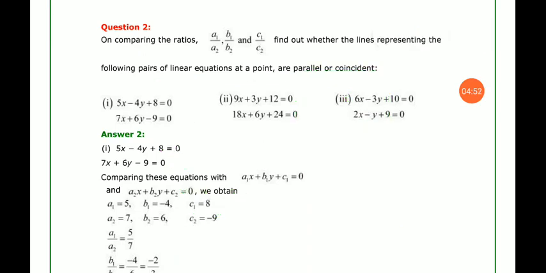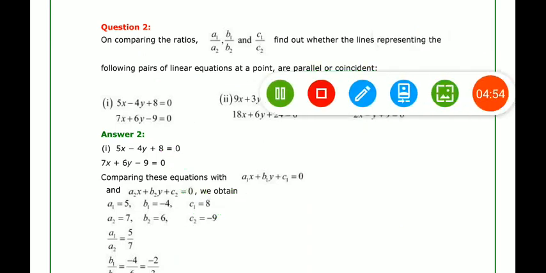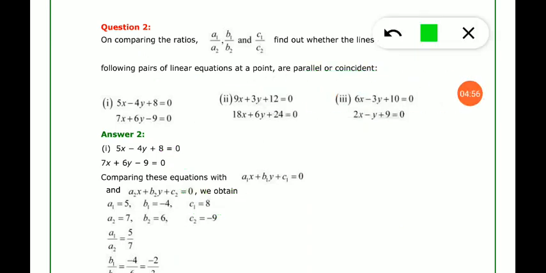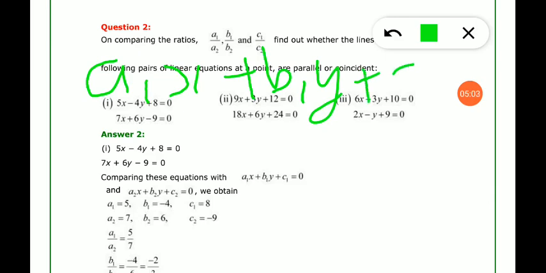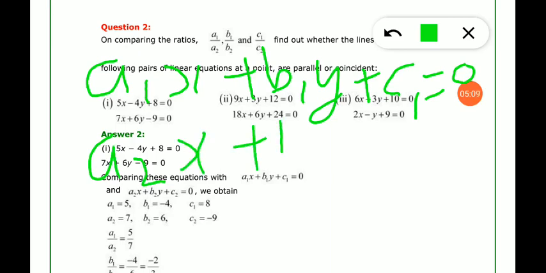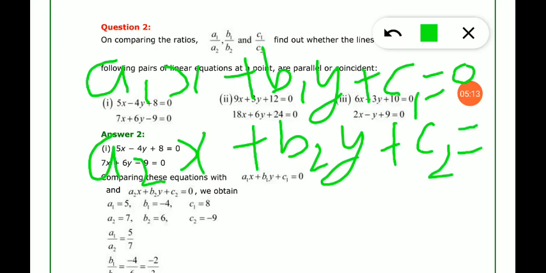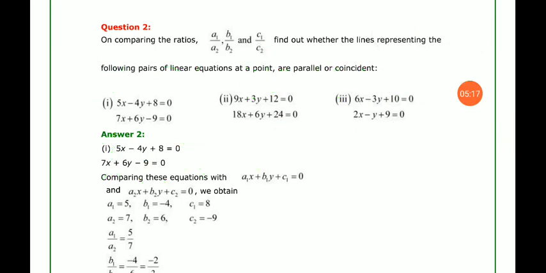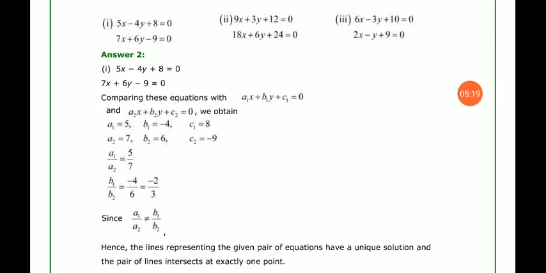Now what is the general form of a linear equation? It is a1x plus b1y plus c1 is equal to 0, and a2x plus b2y plus c2 is equal to 0. Got it? Now tell me, what is the condition for parallel lines?